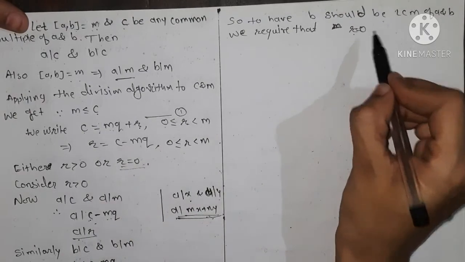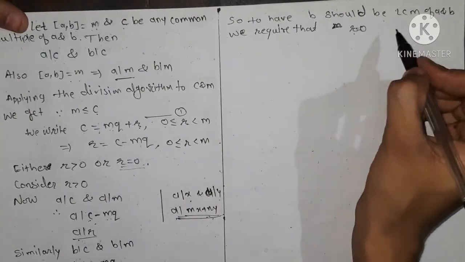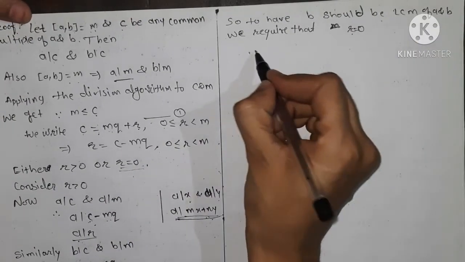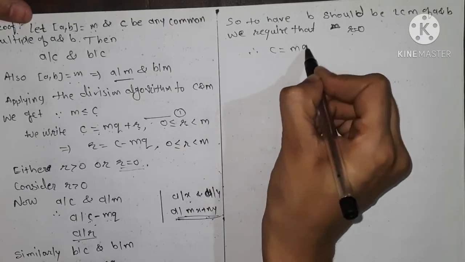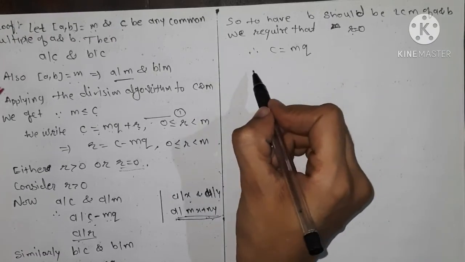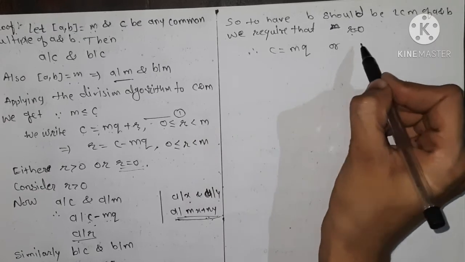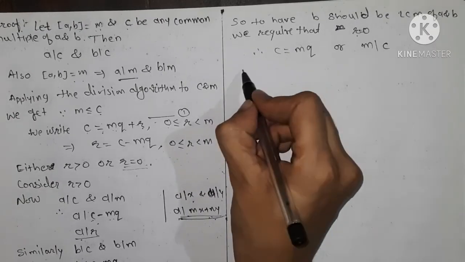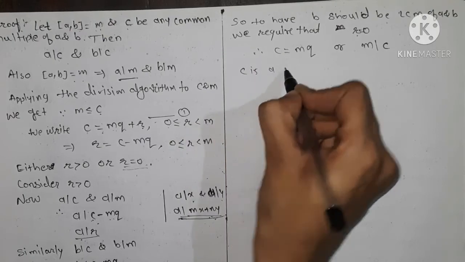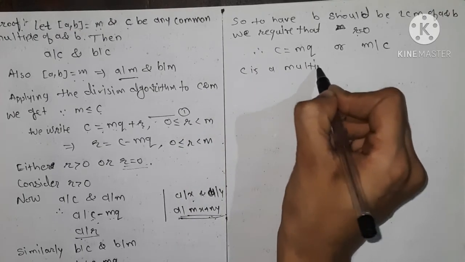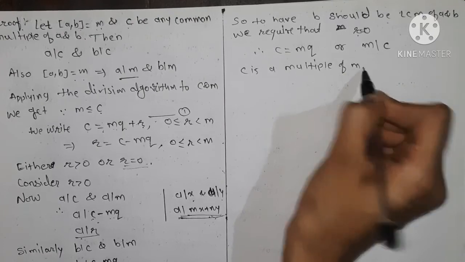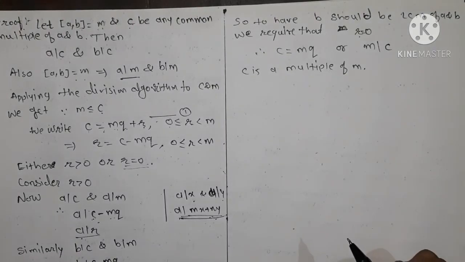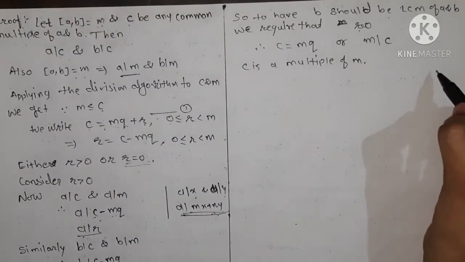So we require that r equals 0 in equation 1. Therefore c can be written as m into q, and this implies that m divides c. So we can say that c is a multiple of m. Hence the proof.